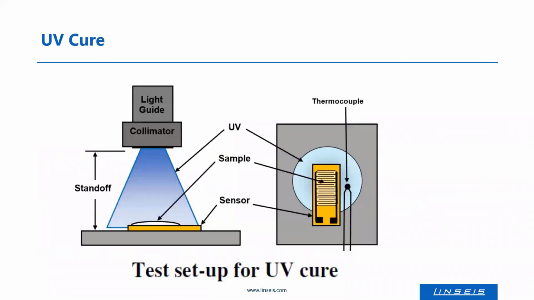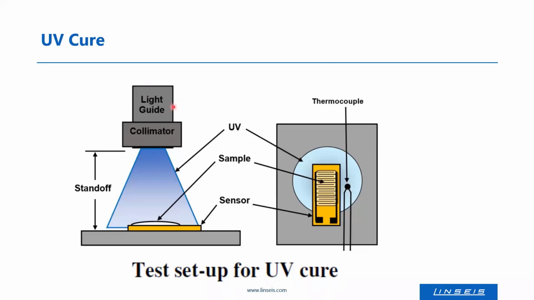Then also very interesting is the measuring of the dielectrical analysis with UV light for UV curing samples like UV curing acrylate adhesives. The experimental setup is shown in that figure here.